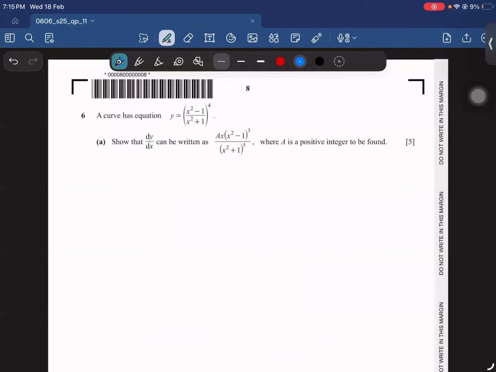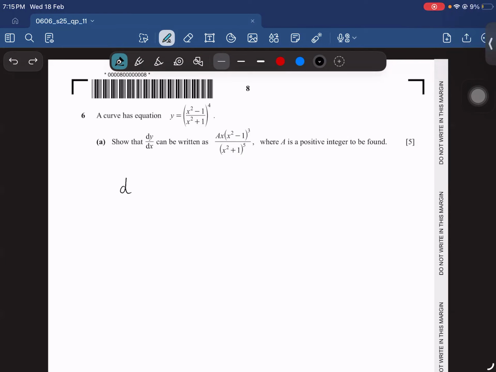We need to find dy by dx. So how would you do this? Well, first, I will find the derivative of whatever's inside my brackets here.